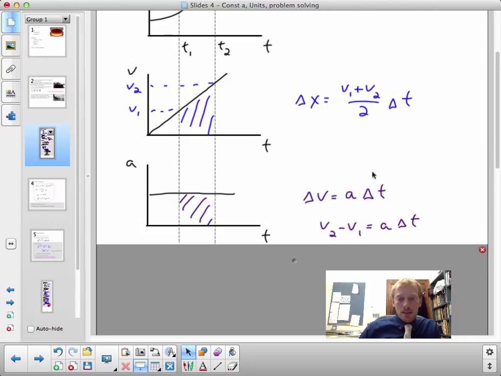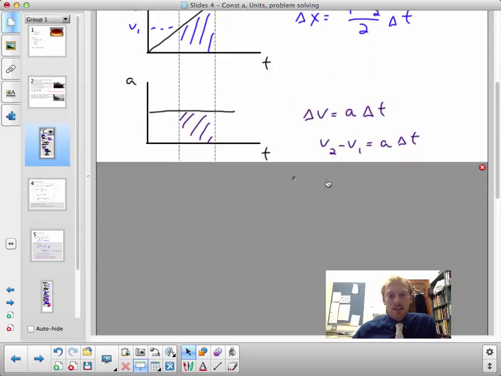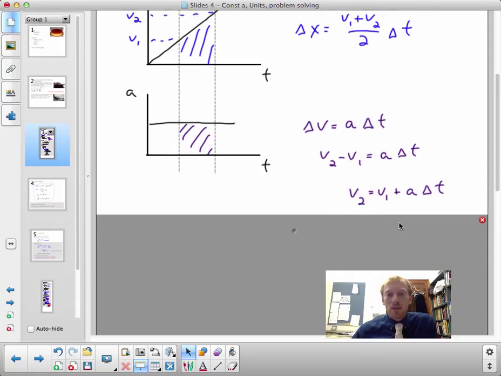And so this is a statement that the change in velocity is the integral of acceleration, and a delta t is the integral of acceleration when the acceleration is constant. And substituting for the delta, change is always final minus initial, so v2 minus v1 is a delta t. And I've just algebraically rearranged this to form another equation.